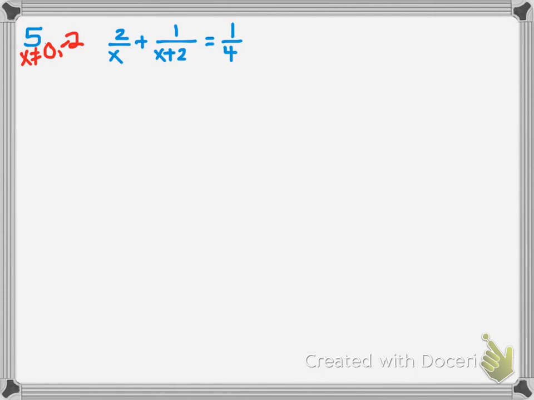Alright, so now what I need to do is identify the LCD. So my LCD for this one is going to be 4x times x plus 2 because all three are different. So then I'm going to figure out, for each fraction, what it needs so that I can have the LCD.